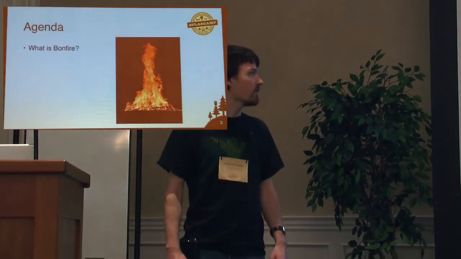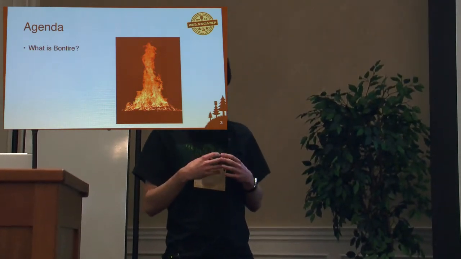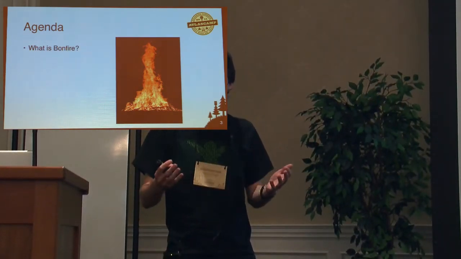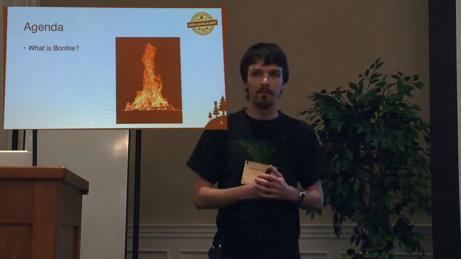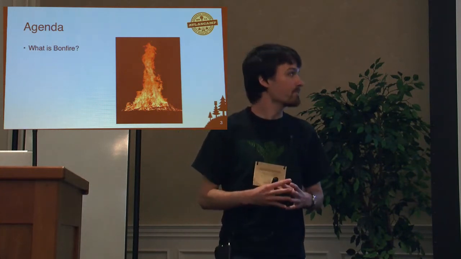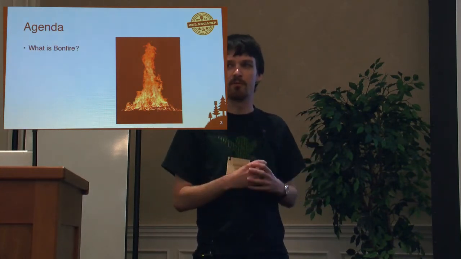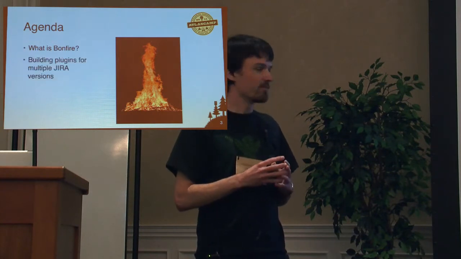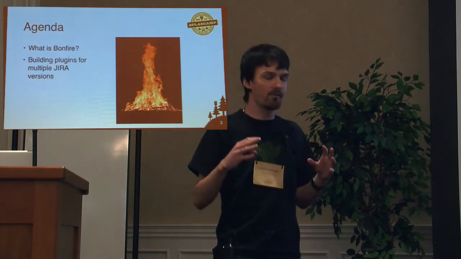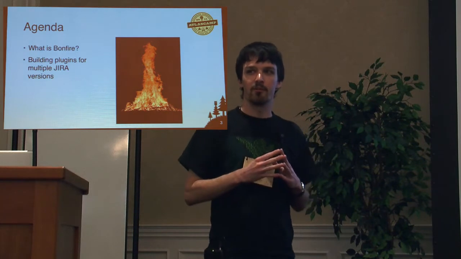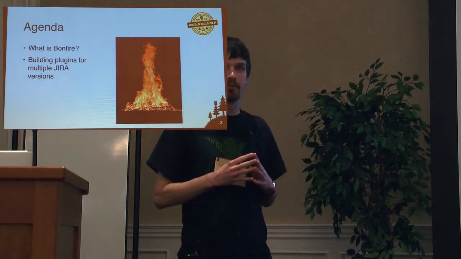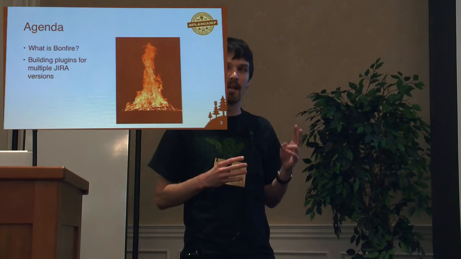So today, I'll be talking about a few things about Bonfire and how we did it. So to start off, I'll be talking about what Bonfire is and just a brief overview of Bonfire. I'll then jump into how to build plugins for multiple JIRA versions. So Bonfire, when it initially shipped, supported JIRA 4.2, 4.3, and 4.4.